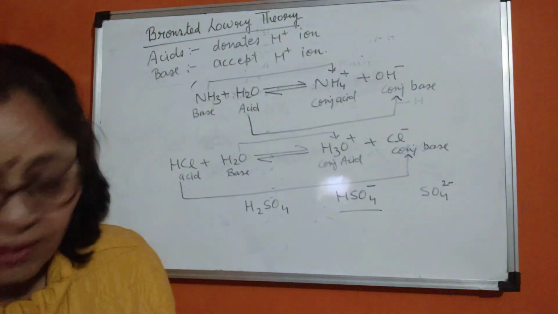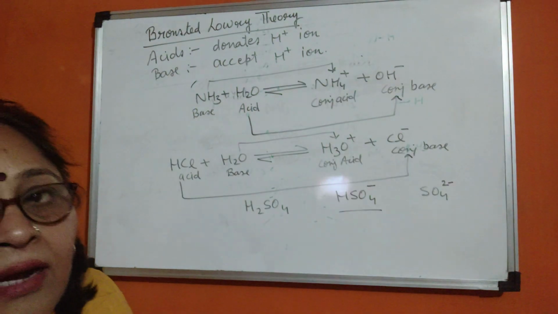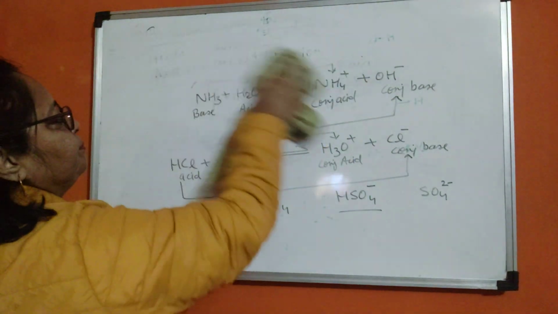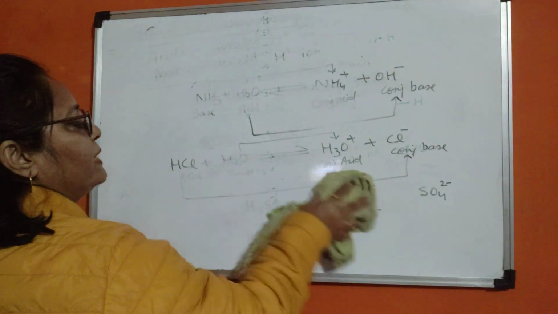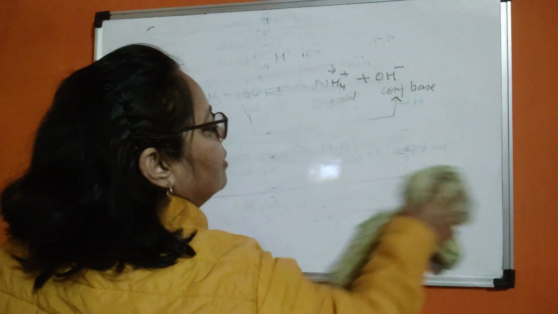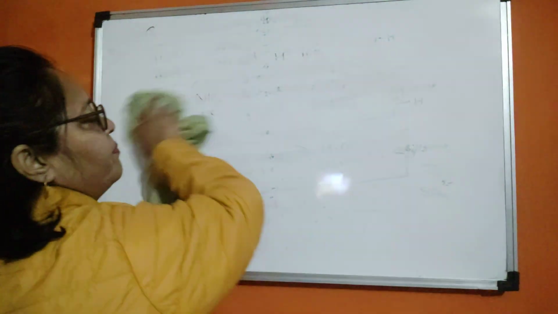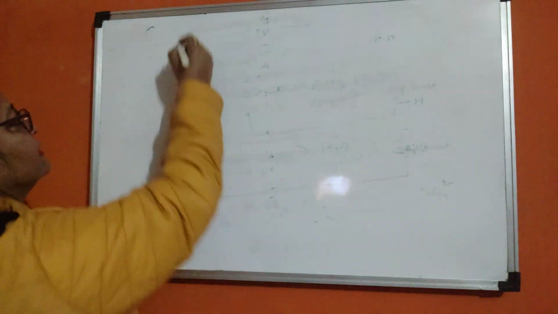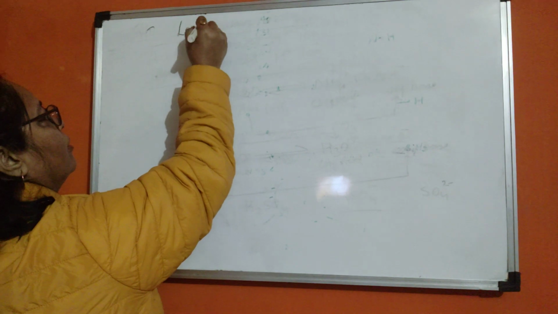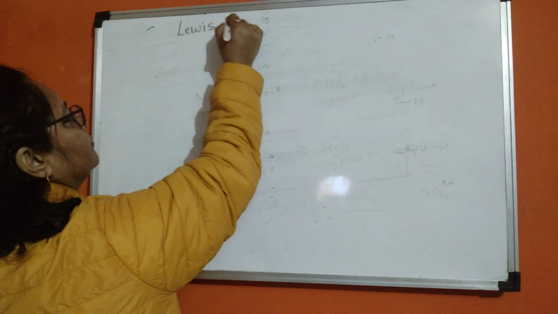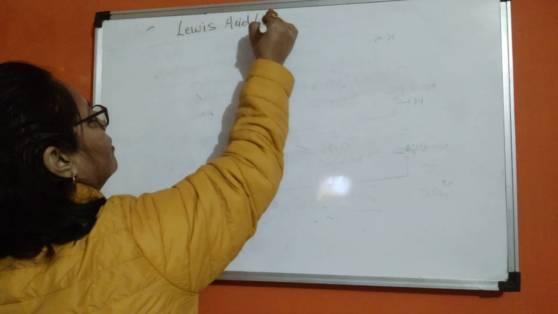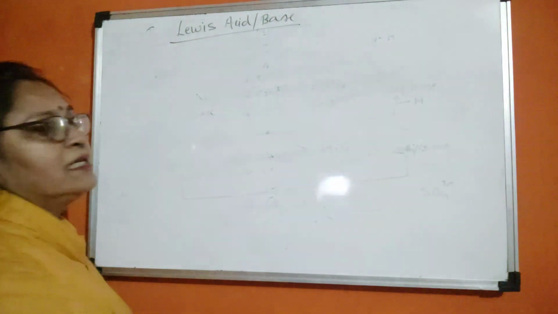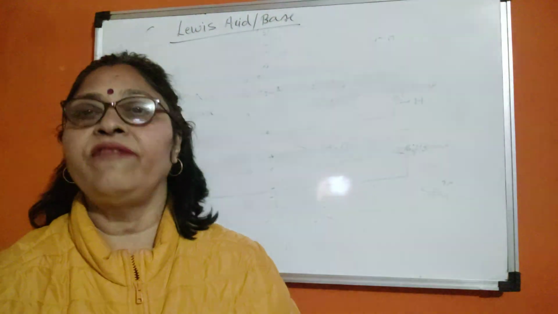Very important one. Now coming to our third theory, and this third theory is Lewis acid-base theory. Now according to Lewis acid-base theory, Lewis acids are always electron deficient.